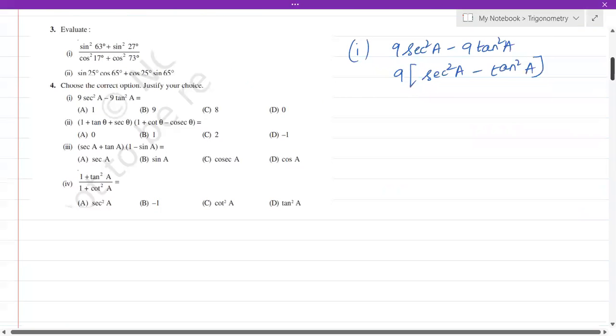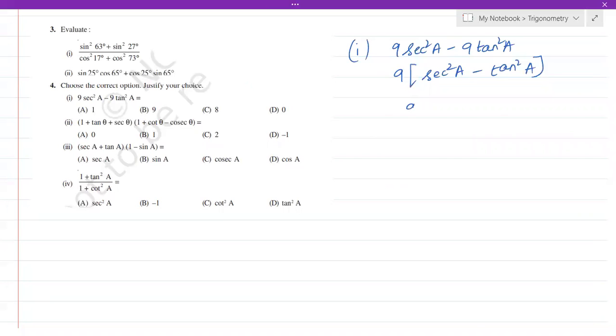So instead of theta, we are having A. So secant square A minus tan square A is 1. So 9 into 1 is 9. The identity that we have used is secant square A minus tan square A equals 1. Therefore, the correct option is option B, 9.